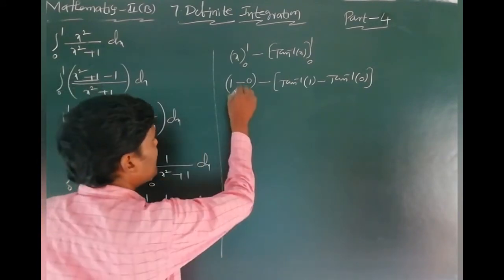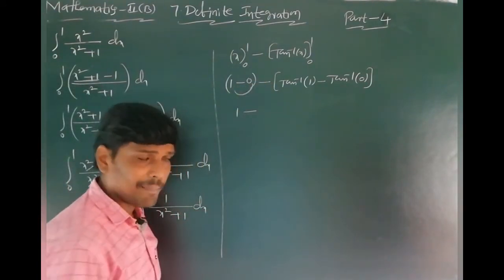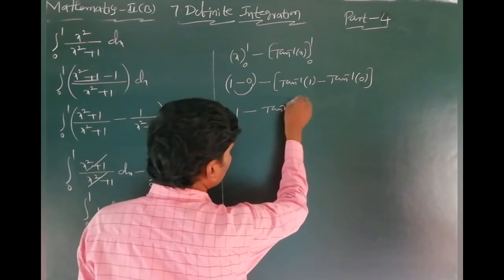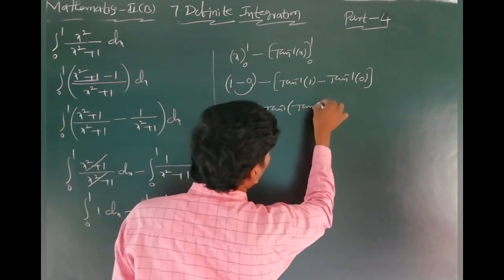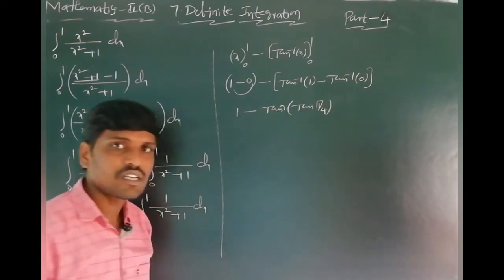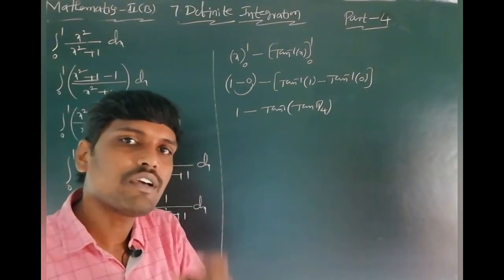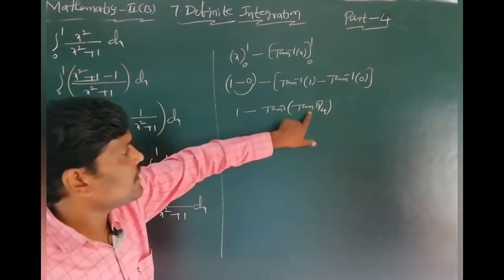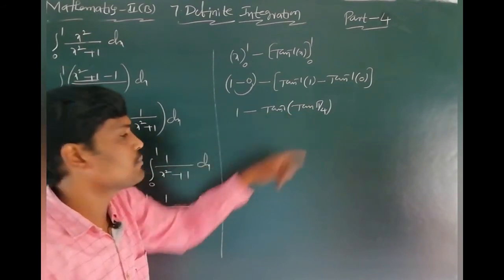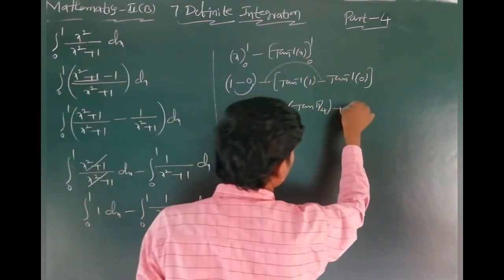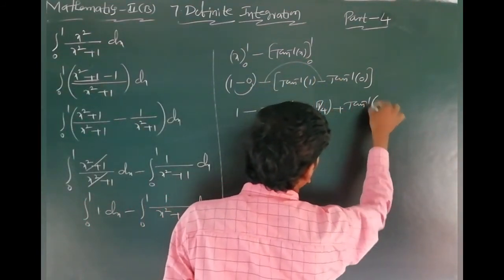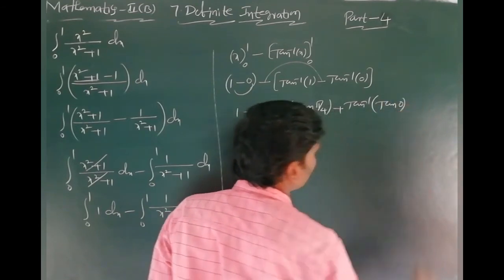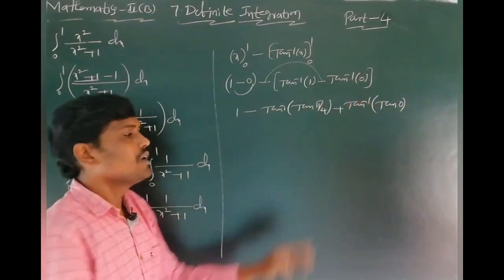After that, 1 minus 0 value is 1, minus tan inverse 1, whose value is tan pi by 4. Correct or not students? Tan pi by 4, nothing but tan 45, value is 1. That's why in place of this 1 you can write tan pi by 4. Minus into minus plus, tan inverse of tan 0, value is also 0. Tan 0 value is 0.